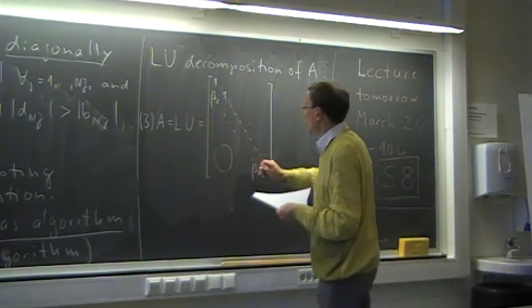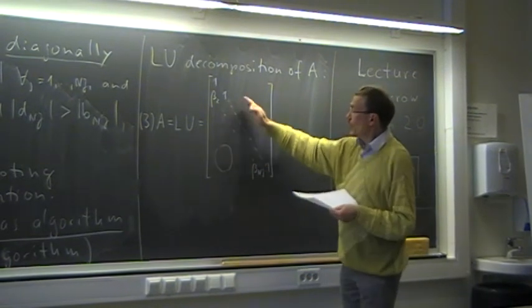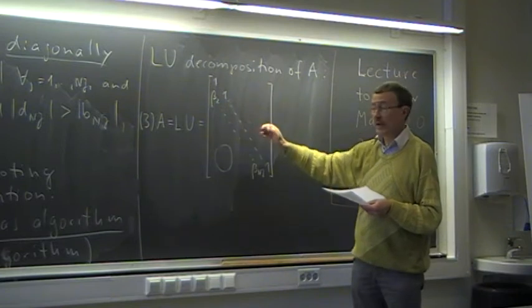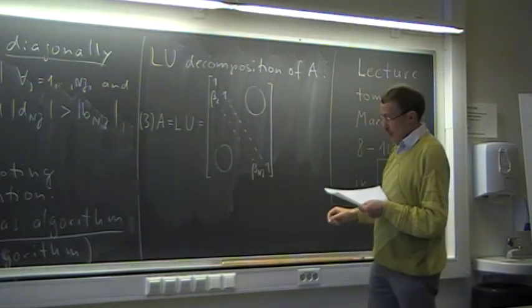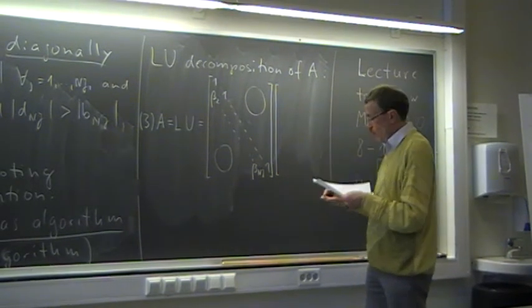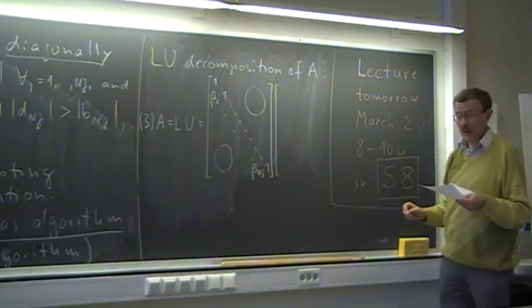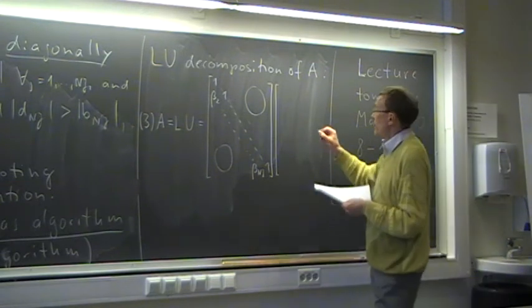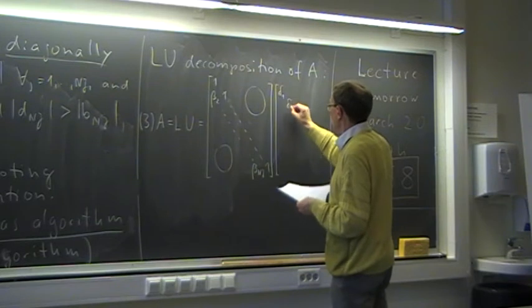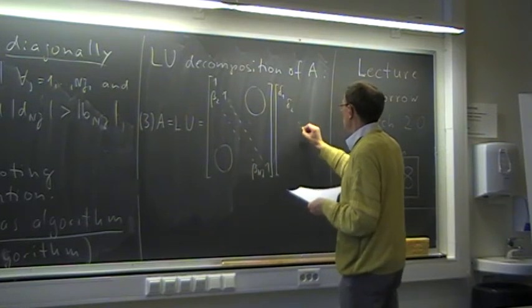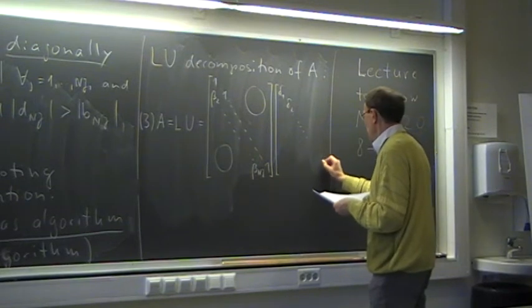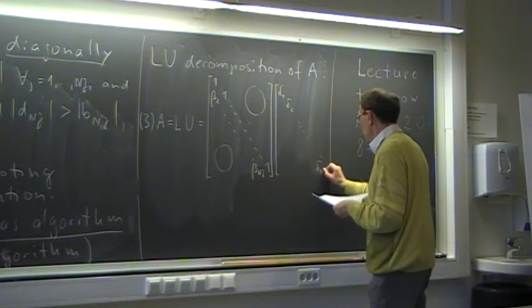All the upper half of the matrix, above the main diagonal, is 0. That is the lower triangular matrix, multiplied by an upper triangular matrix with entries that I call delta 1, delta 2, and so on, and the last one is delta nj.